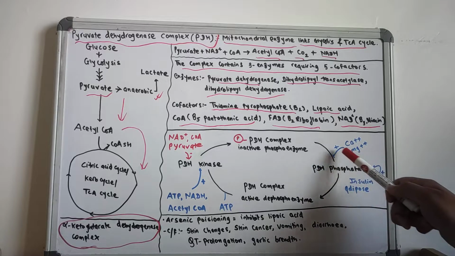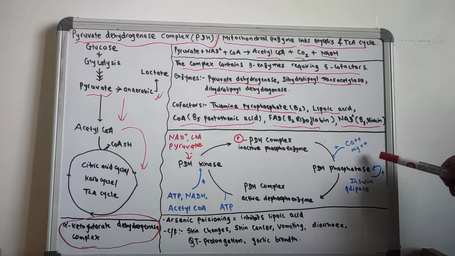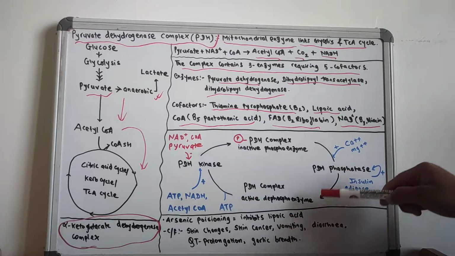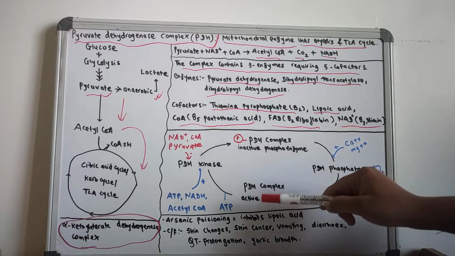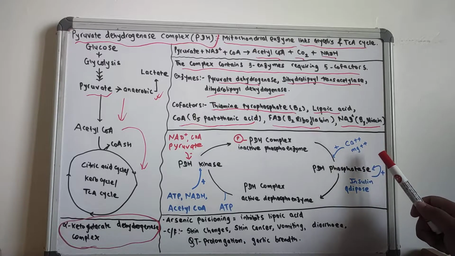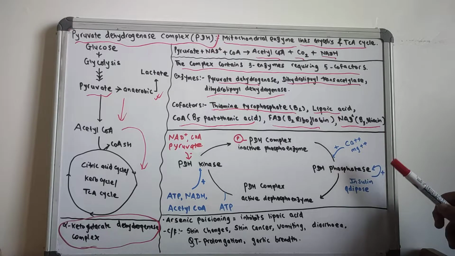The various substrates that increase the activity of pyruvate dehydrogenase phosphatase also increase the activity of the pyruvate dehydrogenase complex. That means the pyruvate dehydrogenase phosphatase activity is enhanced by calcium, magnesium and insulin.